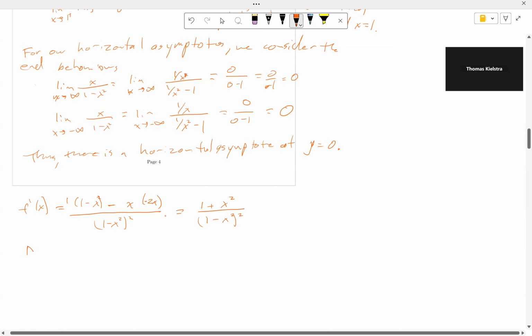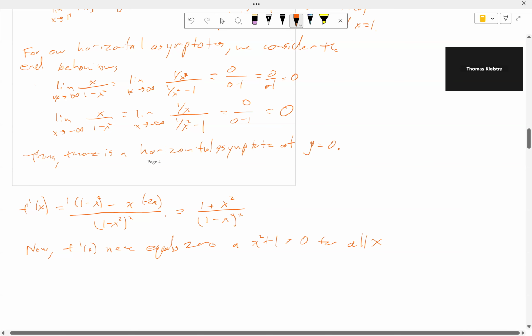Now, f prime of x never equals 0, as x squared plus 1 is greater than 0 for all x.